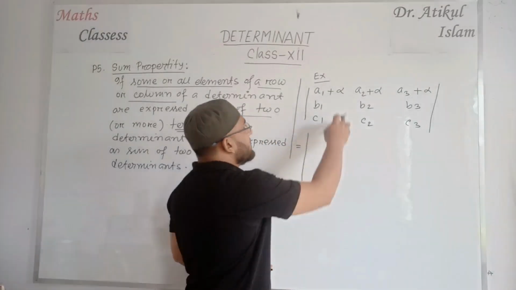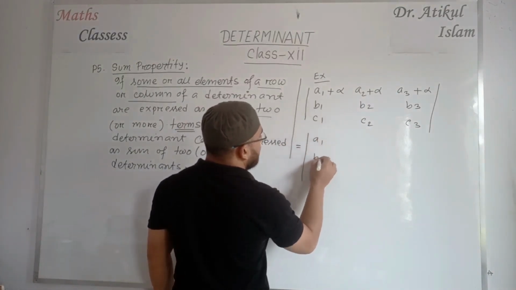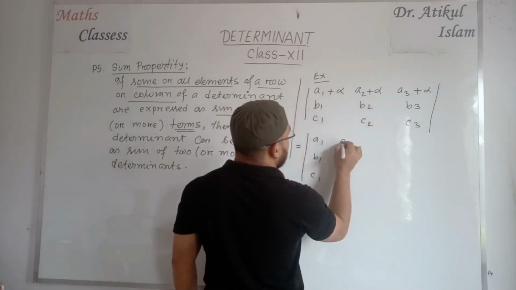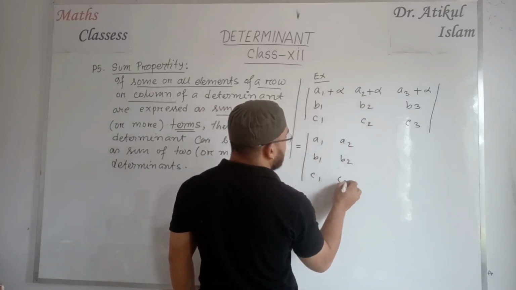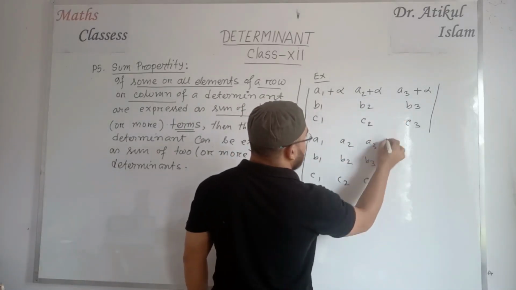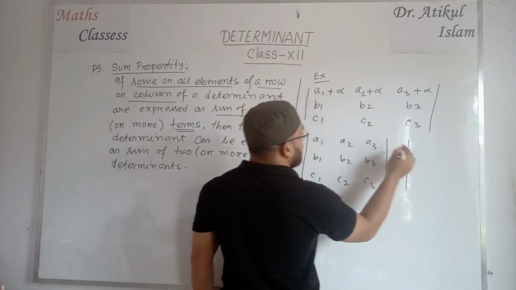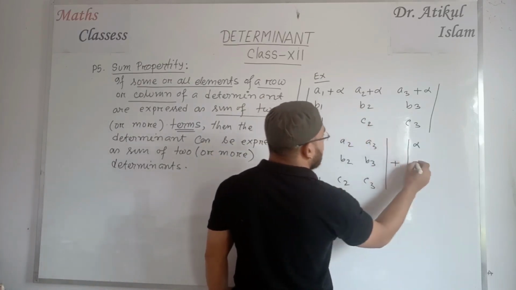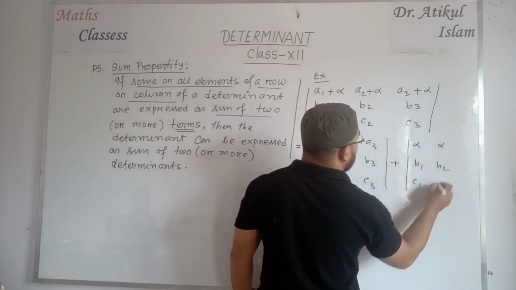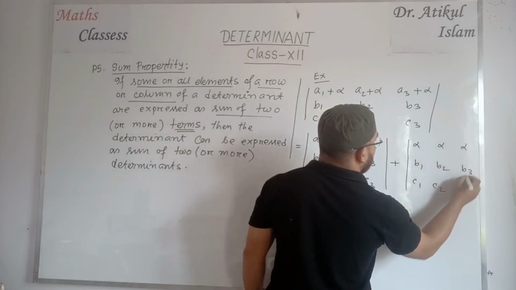Since here is a single constant, we can write a1, b1, c1, taking the first elements here, a2, b2, c2, here a3, b3, c3, plus, now taking the second from the first row, here alpha, alpha, alpha, then b1, c1, here b2, c2, here b3 and c3.